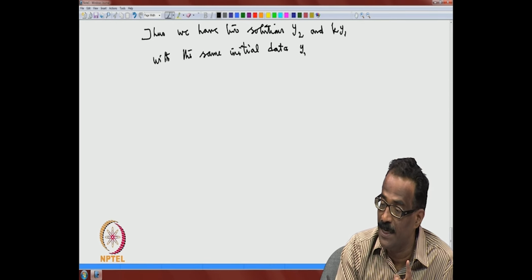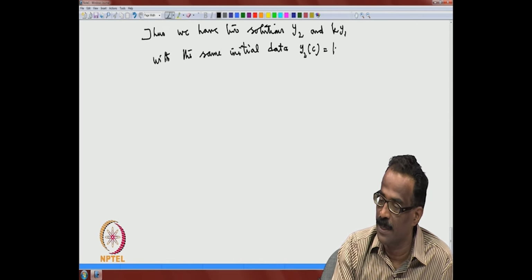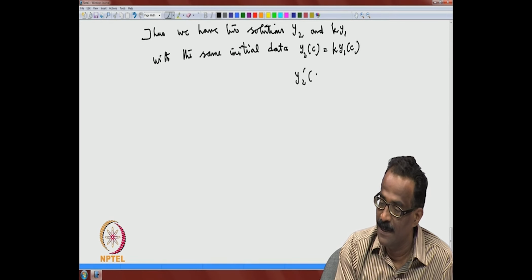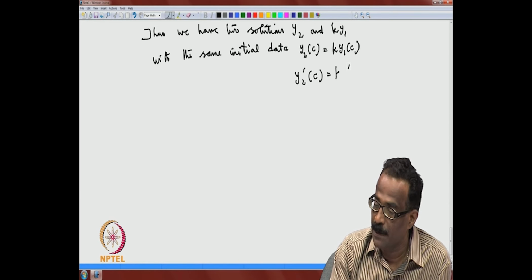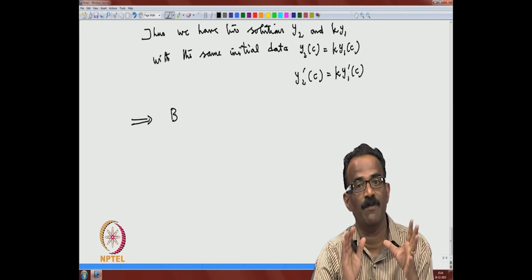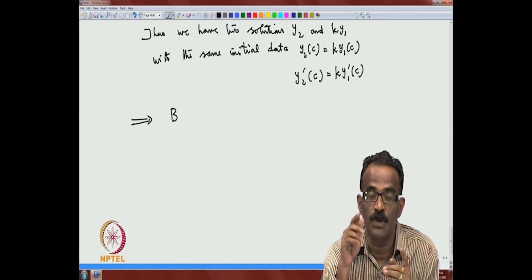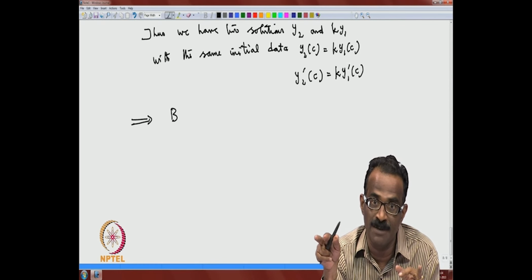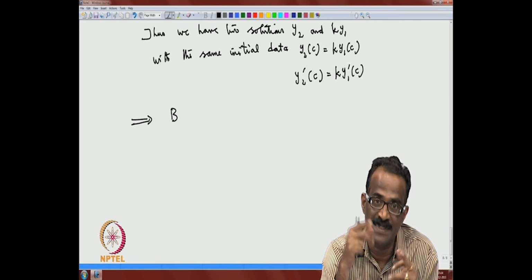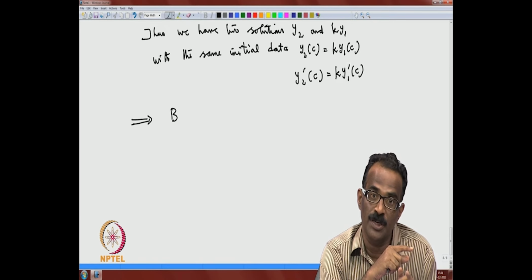You need to understand two initial data: y2 at C is equal to k y1 at C, and y2 prime at C is equal to k y1 prime at C. I am thinking of C as my initial point, there is nothing wrong in that. Therefore, by uniqueness y2 and k y1 have to be the same everywhere. That is what the initial value problem tells you. If you have two solutions in an interval for the homogeneous equation with the same initial data, meaning y and y prime, then that solution is unique.